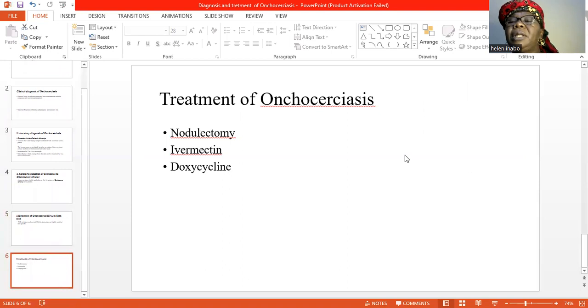Now look at the treatment of onchocerciasis. This involves, one, nodulectomy. Nodulectomy is the surgical excision of these nodules where they are accessible, especially on the head, because of the proximity to the eyes. So nodulectomy helps to remove the nodules, because the nodules contain the adult worms.